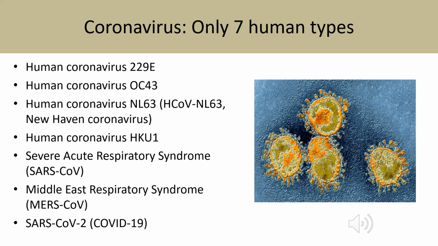pandemic causing severe acute respiratory syndrome, and the virus was named accordingly, the severe acute respiratory syndrome coronavirus, or SARS-CoV. The 6th coronavirus that caused infection in humans was the Middle East Respiratory Syndrome coronavirus, which was identified about 10 years ago and is still causing infections in the area of the Arabian Gulf region.